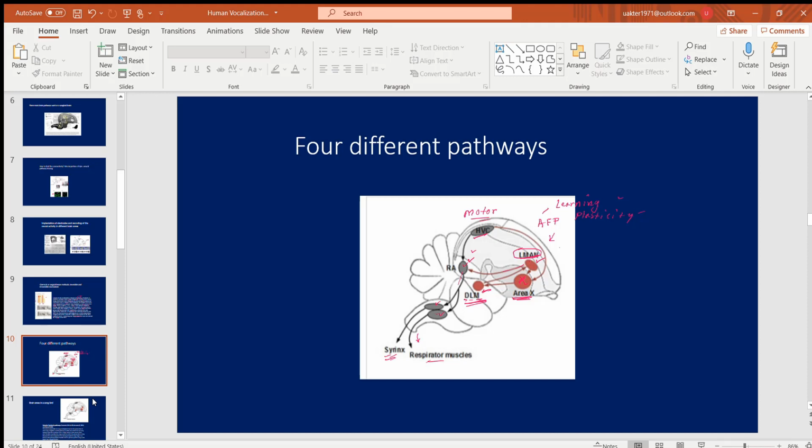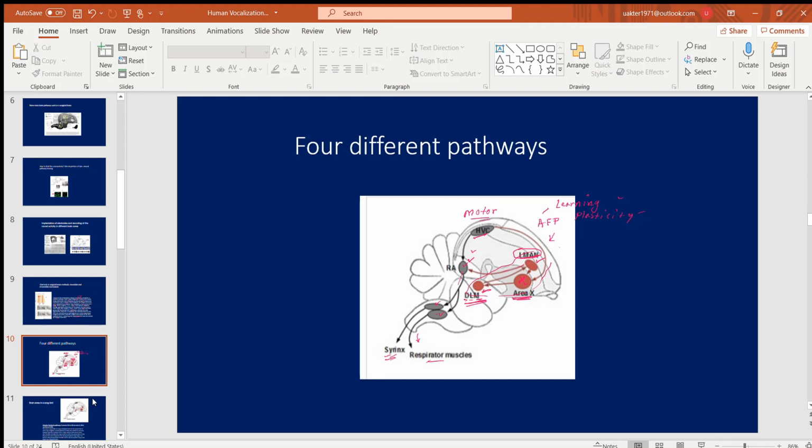While you make a lesion of L-man or DLM or area X in adults, we see very little effect on already learned songs. Okay.